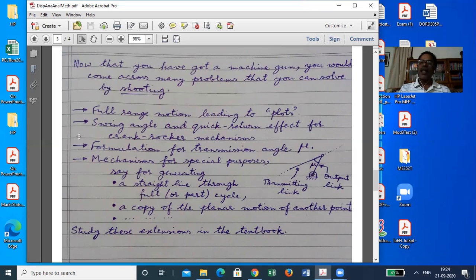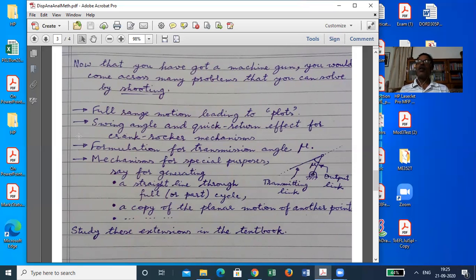So if the input crank is rotating with a uniform speed, then something like for 200 degrees of crank rotation, the rocker is going from one extreme to the other, and for the remaining 160 degrees, it is coming back.